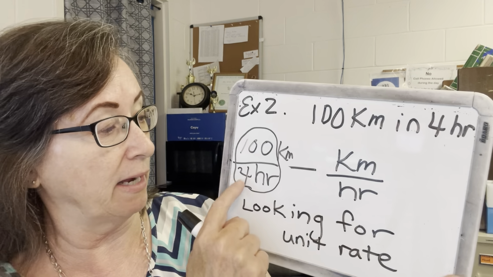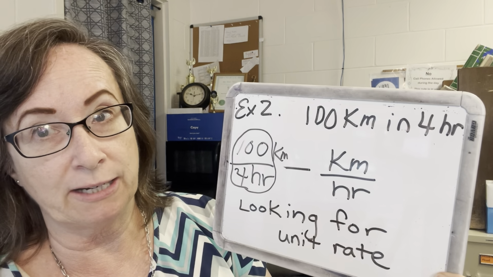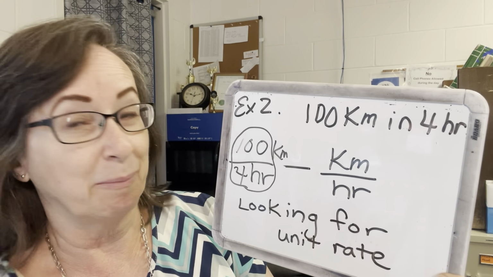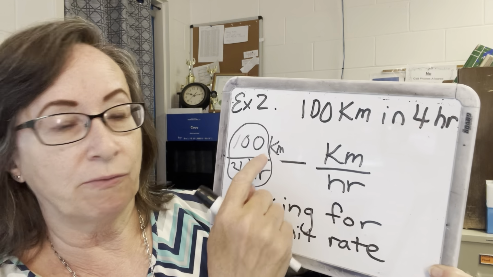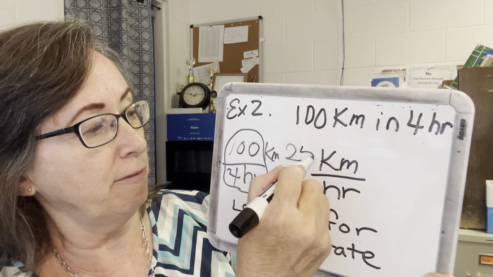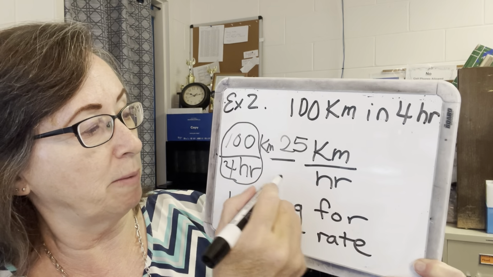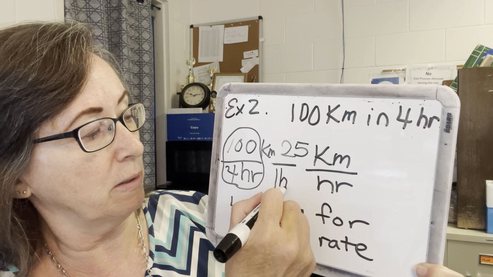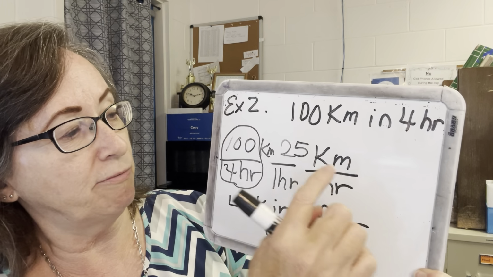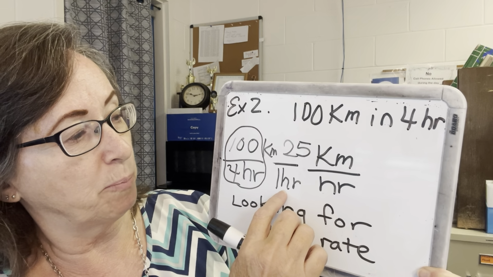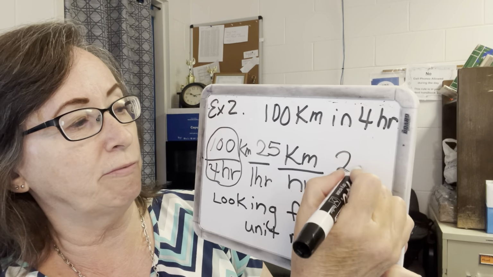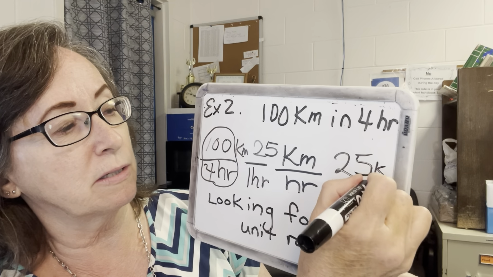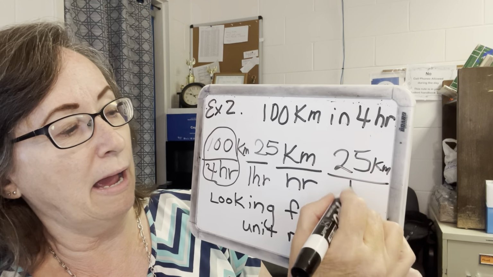So I'm going to divide the numerator and the denominator by 4. I'm canceling out a 4 is what I'm doing. So 100 divided by 4 is 25, and 4 divided by 4 is 1 hour. So 25 kilometers per hour. Looking for the unit rate. 25 kilometers per hour.